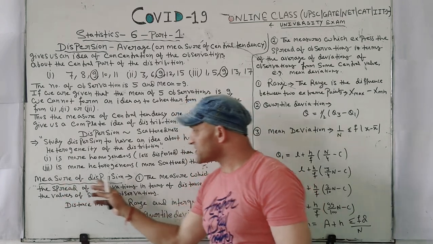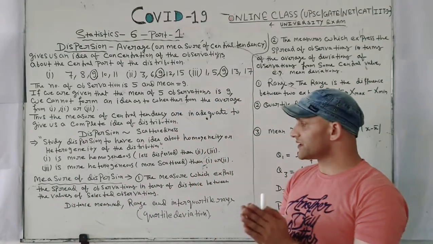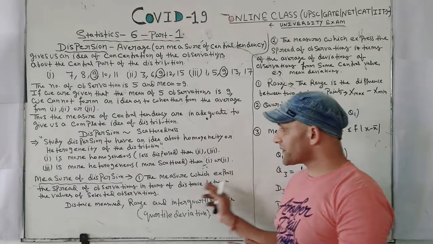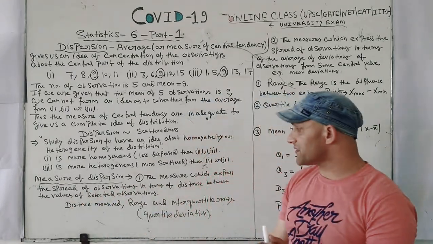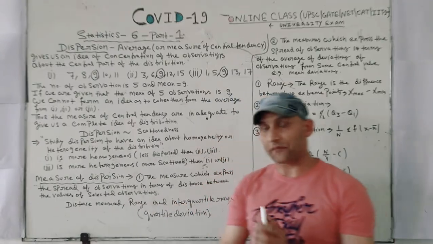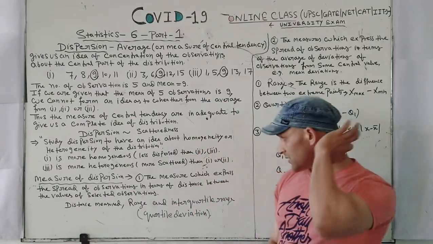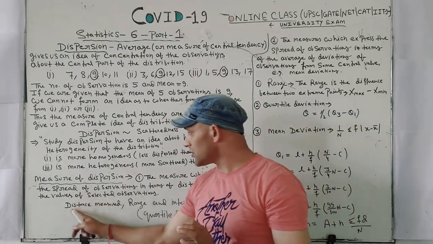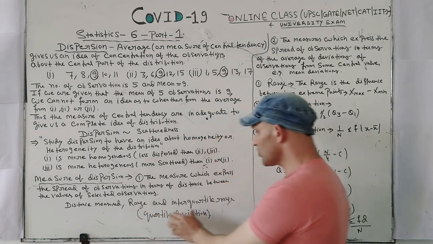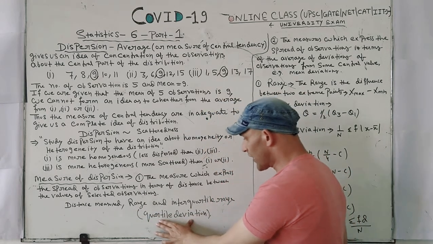So the measure of dispersion, how to measure it? The first one is the measure which expresses the spread of observations in terms of the distance between the values of selected observations. In this condition you will apply the range, or you will apply the quartile deviation.